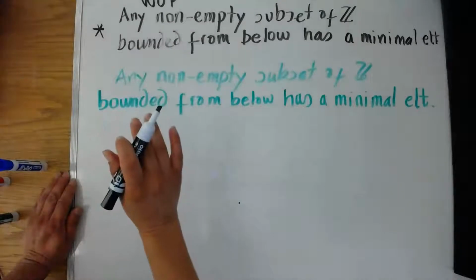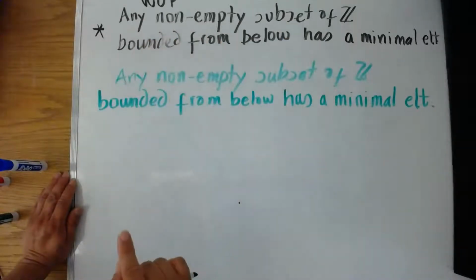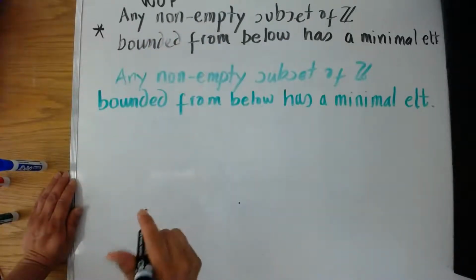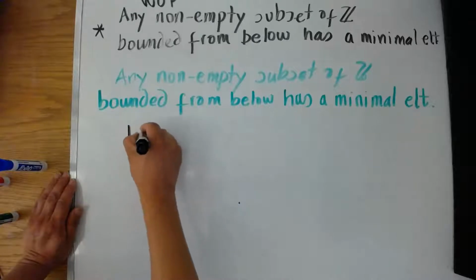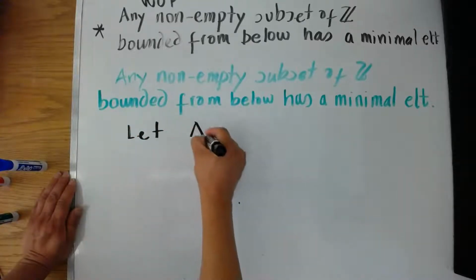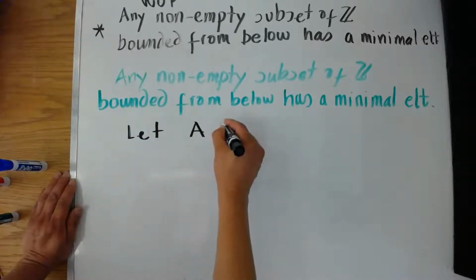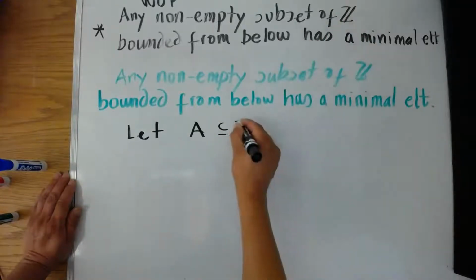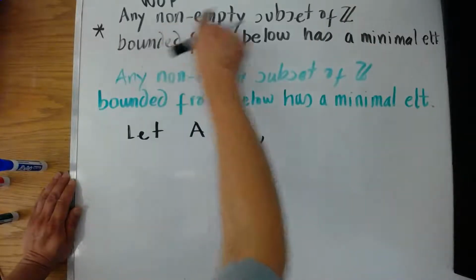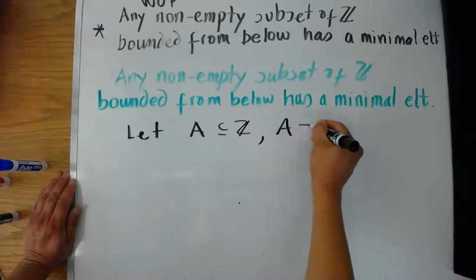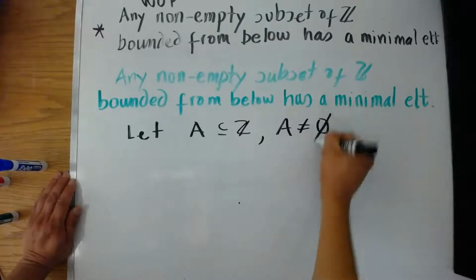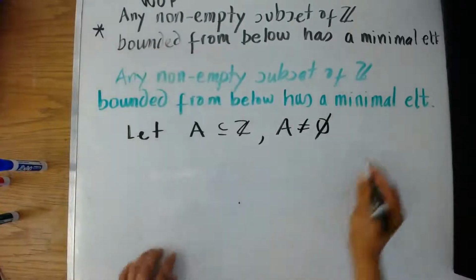I will begin with a non-empty subset of the integers that is bounded from below. So let A be a subset of the set of integers, non-empty, bounded from below.